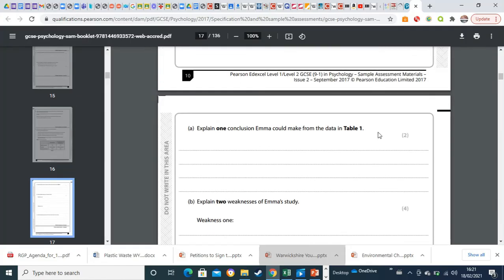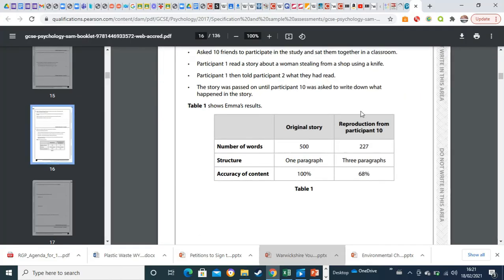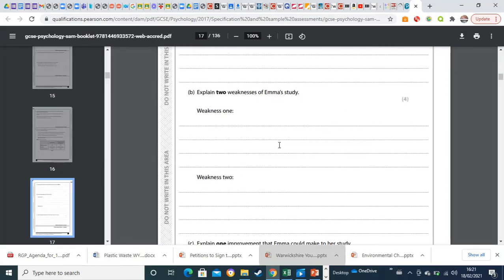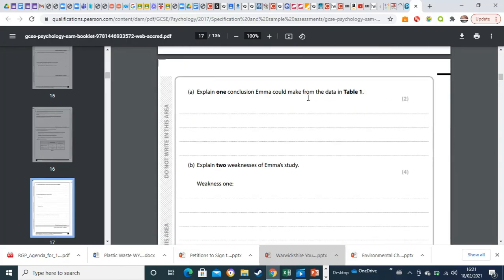So the first weakness is that, because the participants are dependent on each other, it can't accurately and validly test each participant, and weakness 2 is that you've only got 1 result.